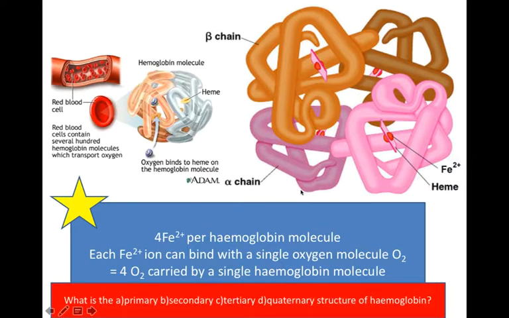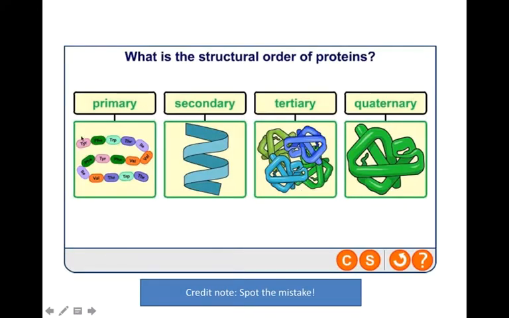If we take a look at the structural order of proteins, the primary structure is the sequence of amino acids, then the secondary structure would be forming an alpha helix. Now you can see here they've deliberately messed up the sequence. This diagram is technically the tertiary structure, because it shows it being folded into a unique 3D shape. The quaternary structure, again in the wrong place, is that it comprises more than one polypeptide chain.